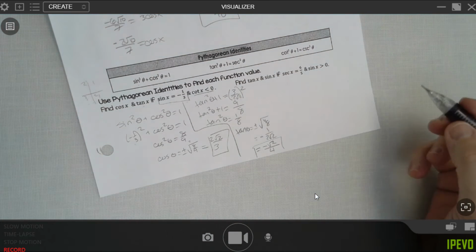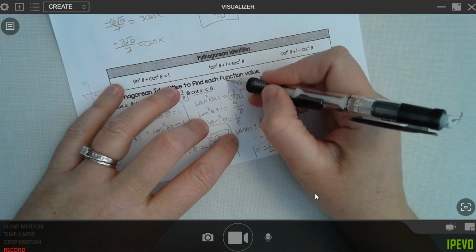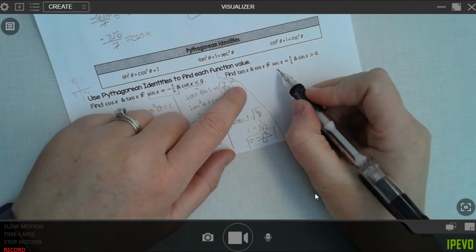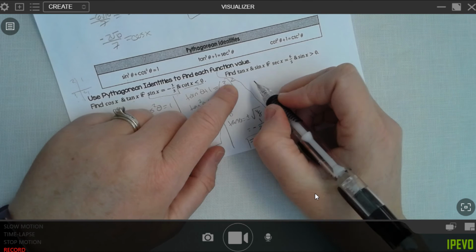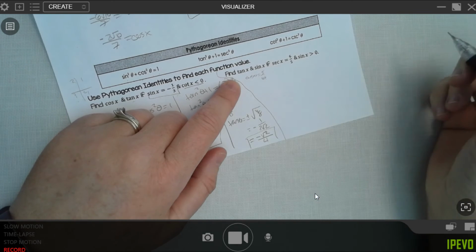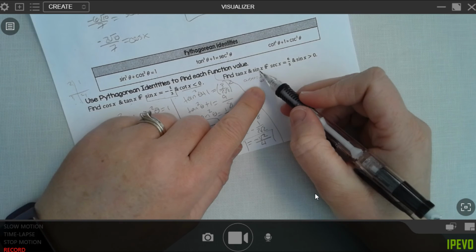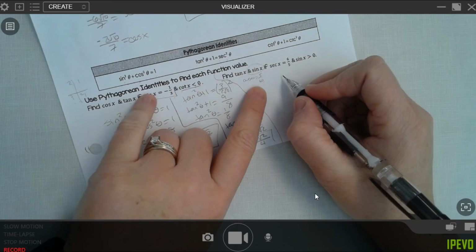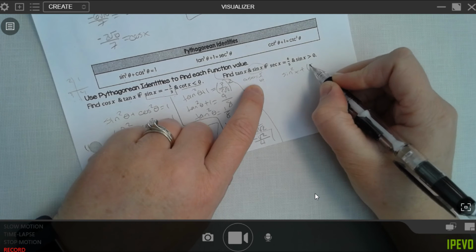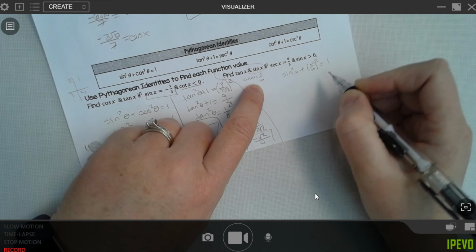Okay. Right, over here, the tangent and sine of theta. So if secant is 6/5, I know that cosine of x is 5/6. So if I know cosine is 5/6, I'm going to go ahead and find sine first because it tells me that sine squared of x plus my cosine squared of x equals 1.